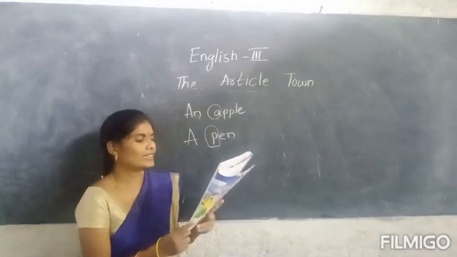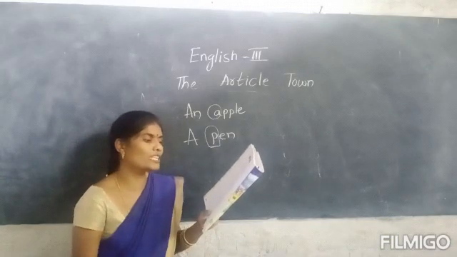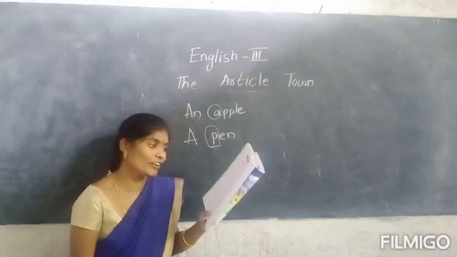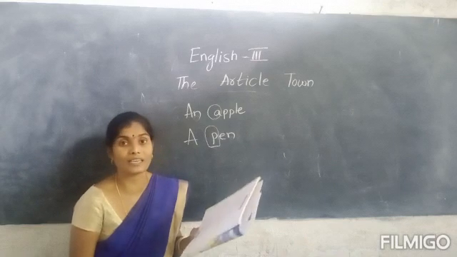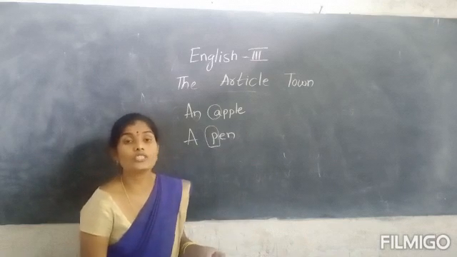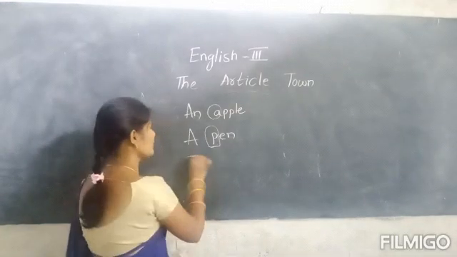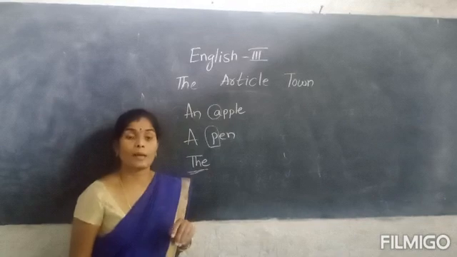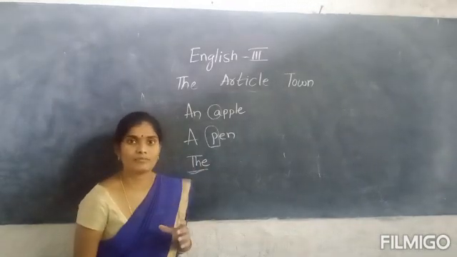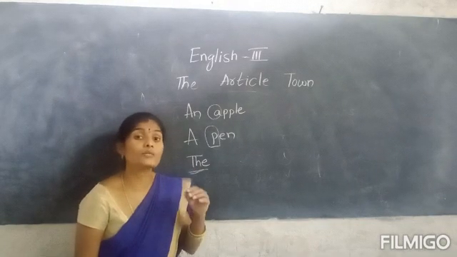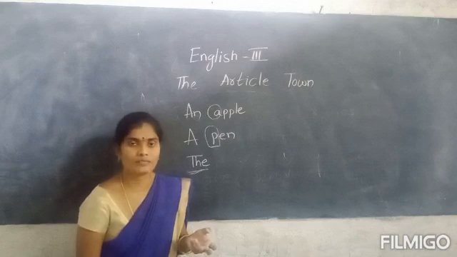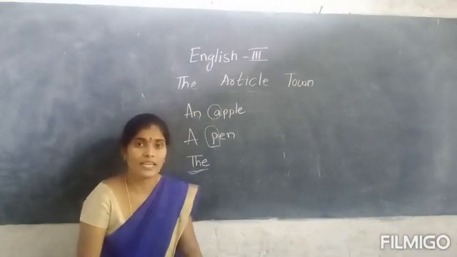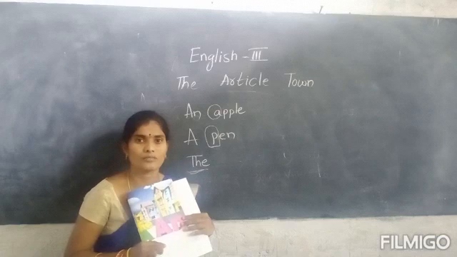And the is used when you are specific or when you are sure of the pick. The is used before special words, before special things which are special to us. This is my favorite book.